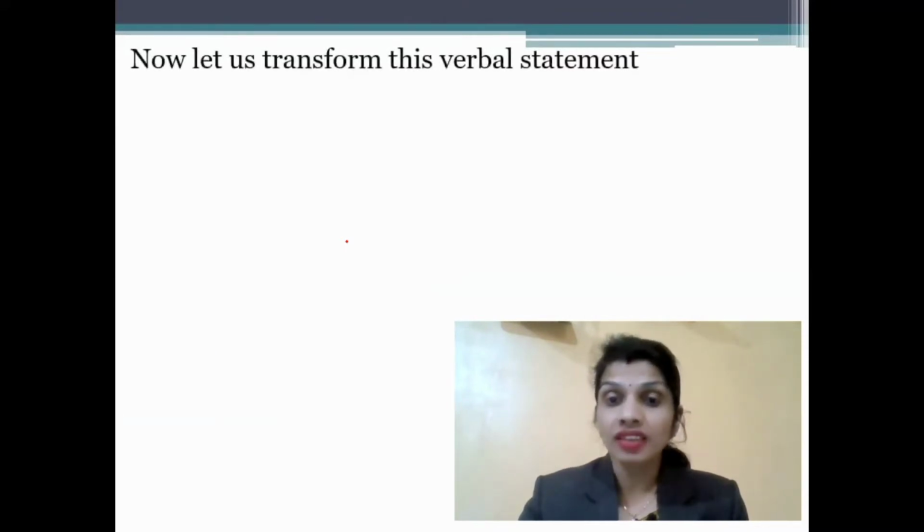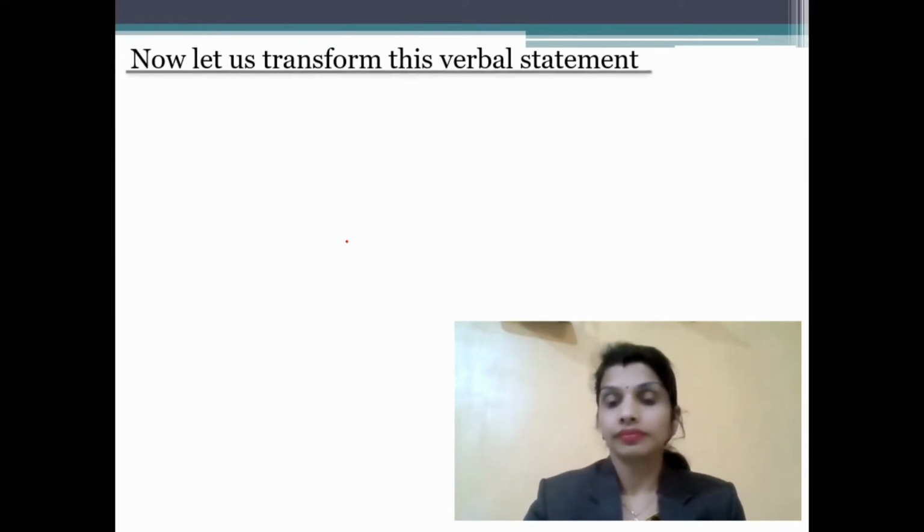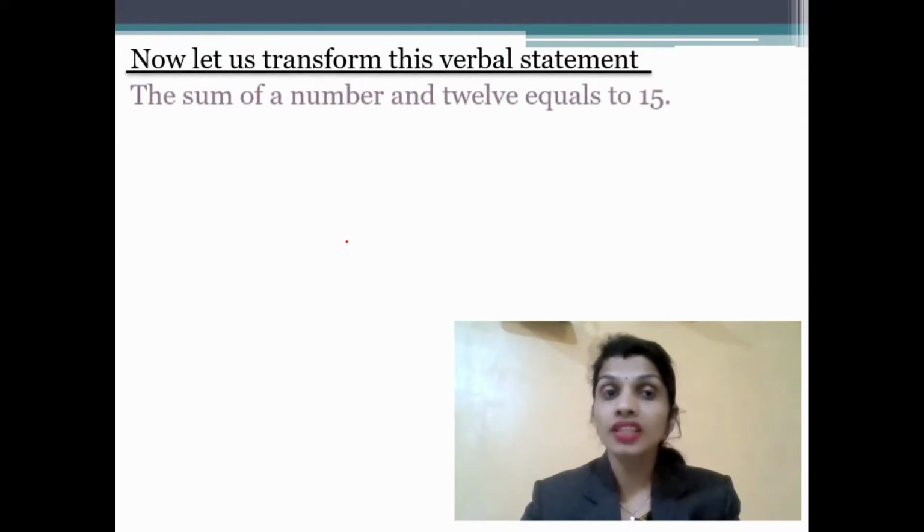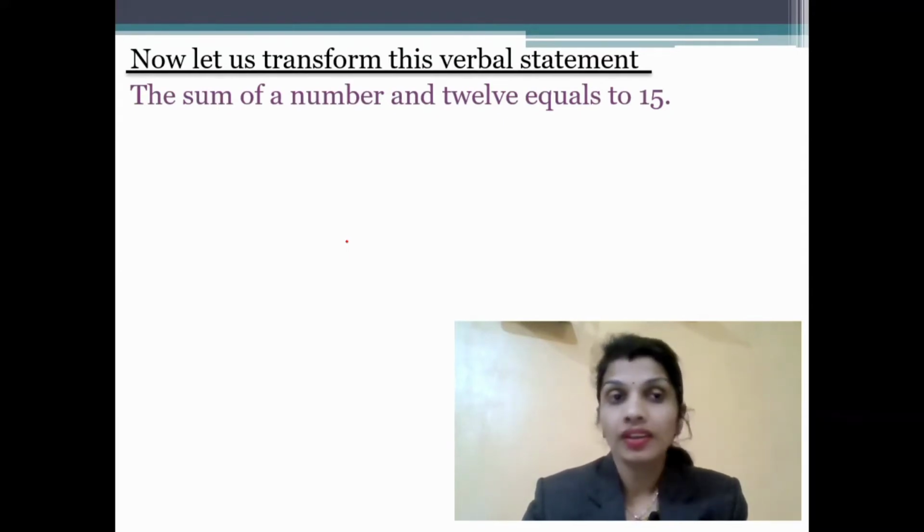Now let us transform this verbal statement, which I am going to give you now. The sum of a number and 12 equals 15. Here the sum of a number, so you can write here any variable. I have written here x plus 12 equal to 15.